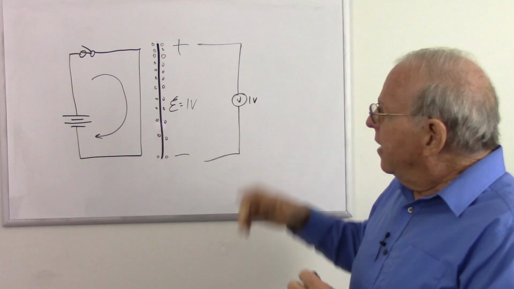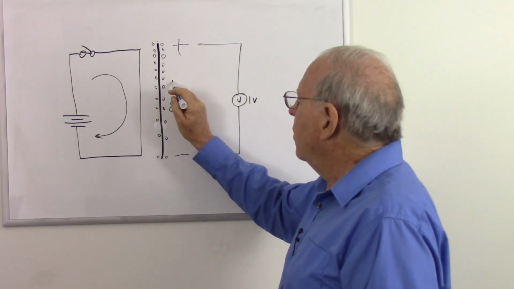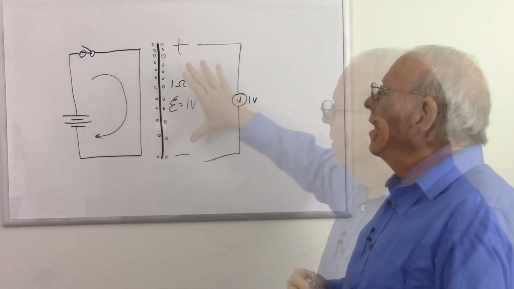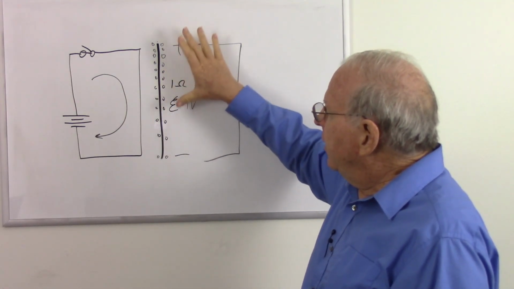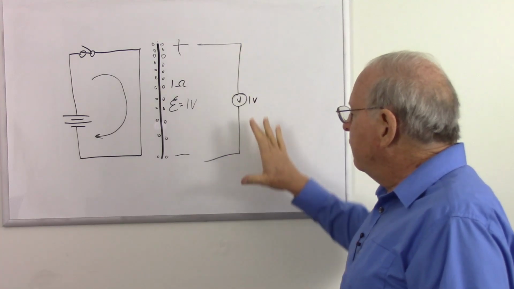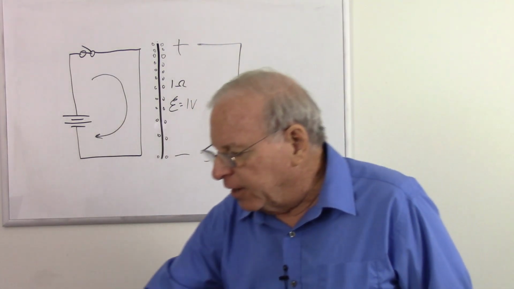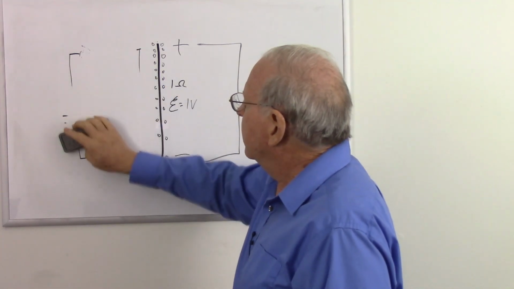Now let's say that this wire has 1 ohm of resistance. So now we have something that's generating an electromotive force causing a voltage differential. How is that resistance going to be seen in there? Well, let's get this out of the way and take a quick look.